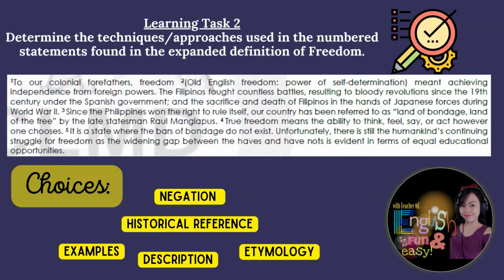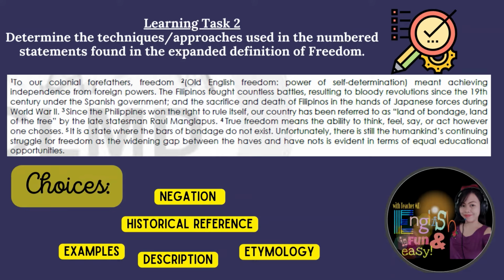So what technique is used in this statement? Is it negation, historical reference, example, description, or etymology? Next, number 4. True freedom means the ability to think, feel, say, or act however one chooses. So what technique is used here to describe or to explain freedom? Is it negation, historical reference, example, description, or etymology?